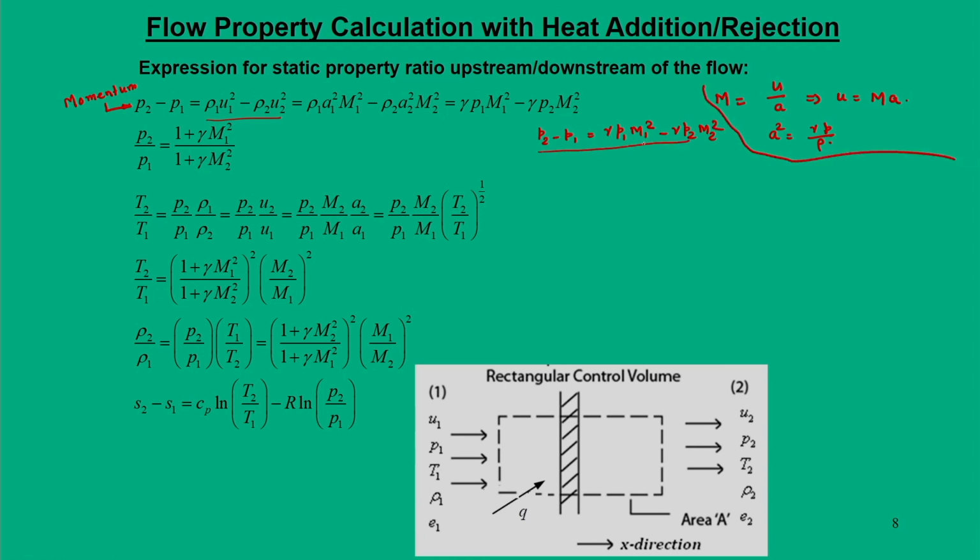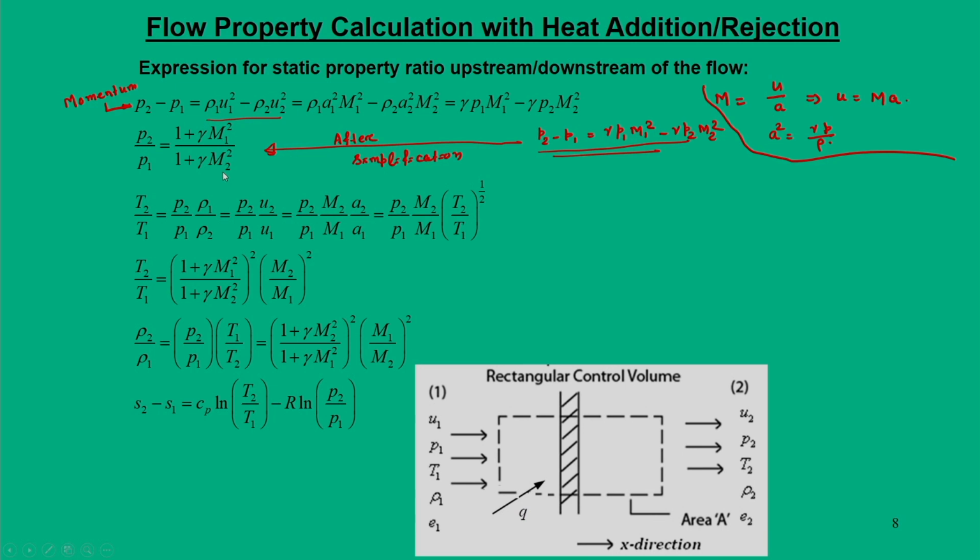This equation is simplified further. So, now we are able to find the pressure ratio as a function of Mach numbers m1 and m2.